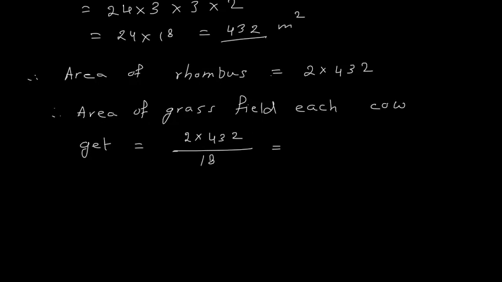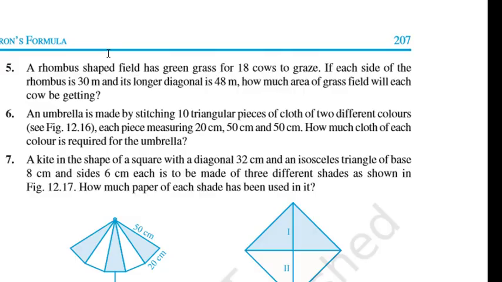Now 2 and 1 is 2, 2 and 9 is 9; 4 plus 3 is 7, 7 plus 2 is 9. So I can divide this 432 by 9. 9 times 8 is 72, so 48 meter square is the area of the grass field each cow will get. Simple question.